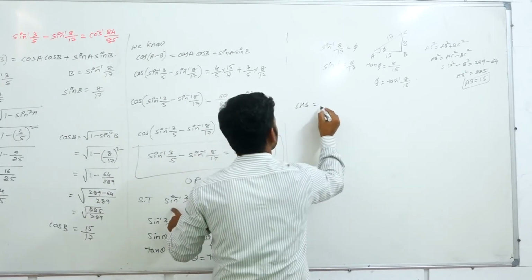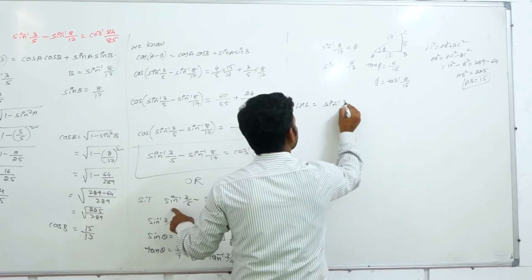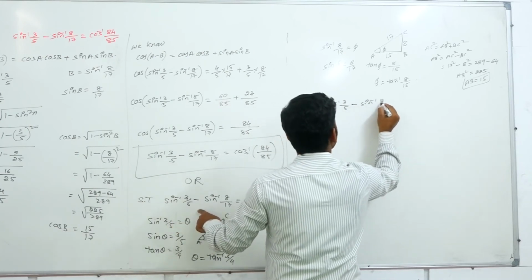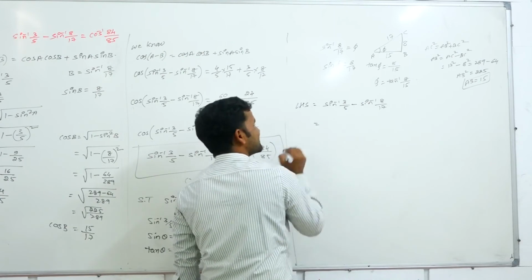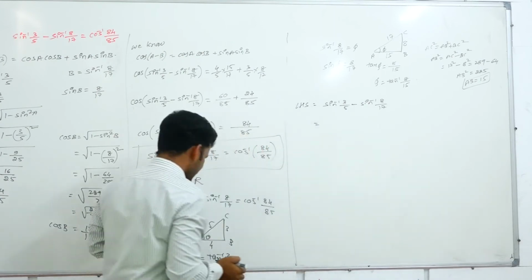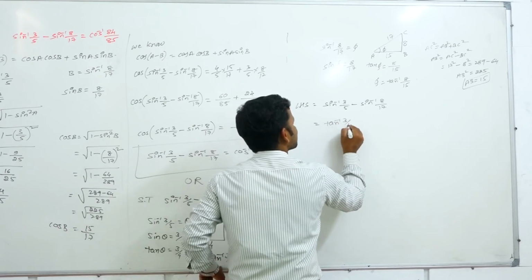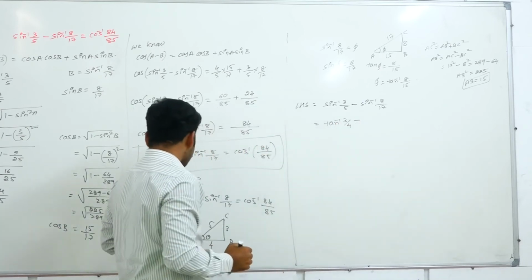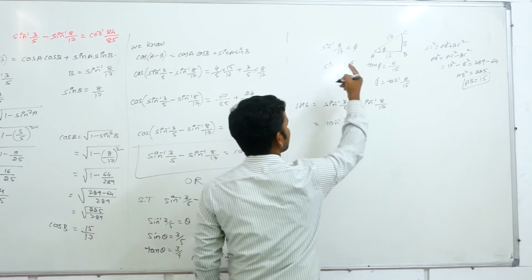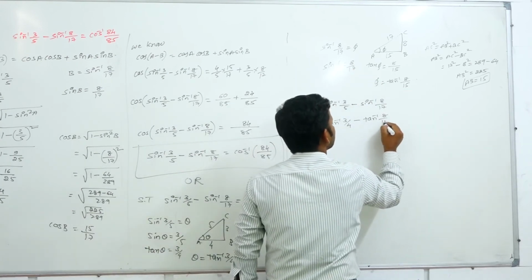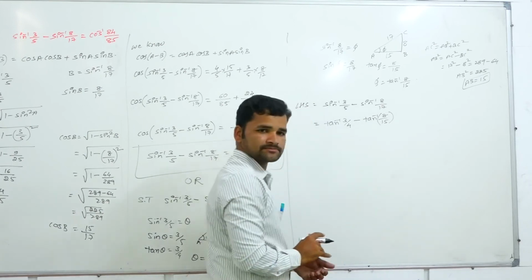LHS is equal to sine inverse of 3 by 5 minus sine inverse of 8 by 17. Sine inverse of 3 by 5 is nothing but tan inverse of 3 by 4, minus sine inverse of 8 by 17 phi. Here also phi is tan inverse of 8 by 15, I got.